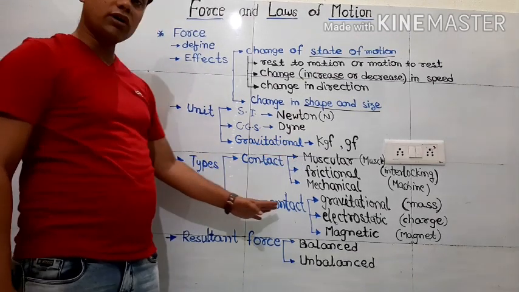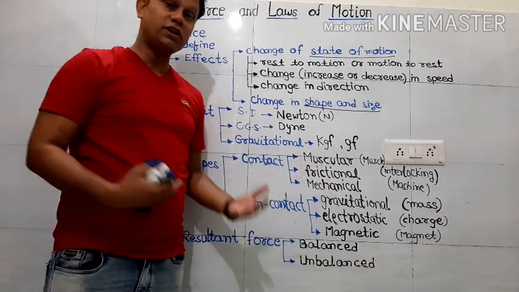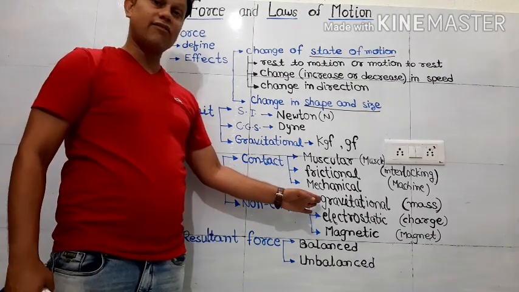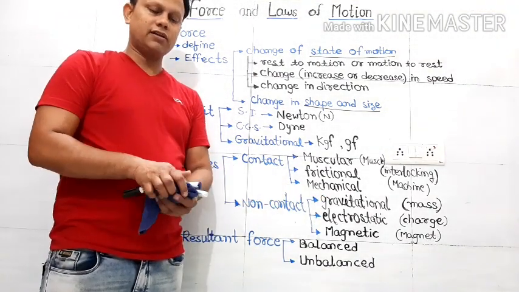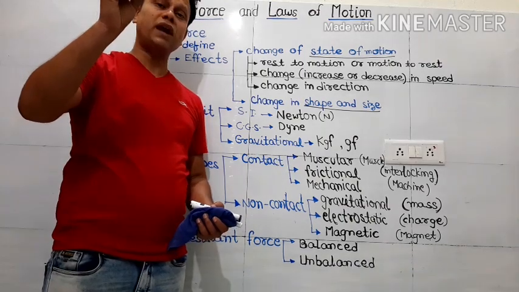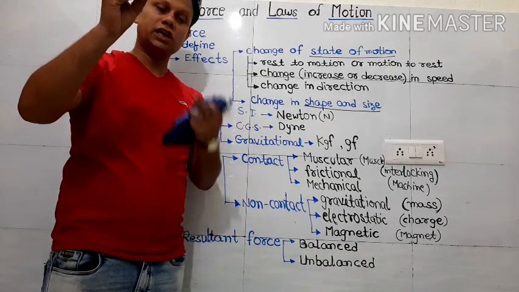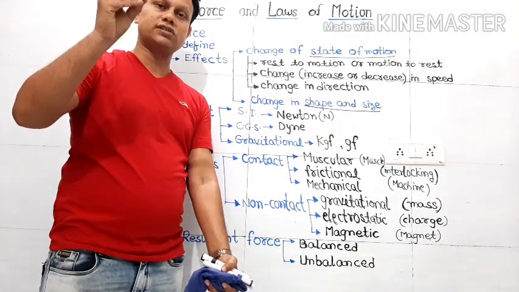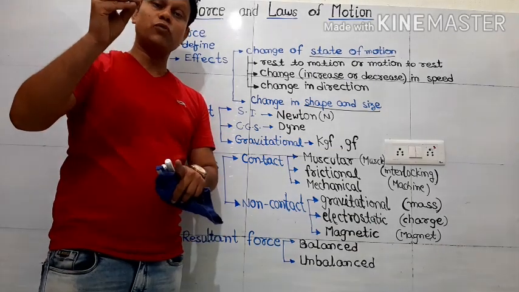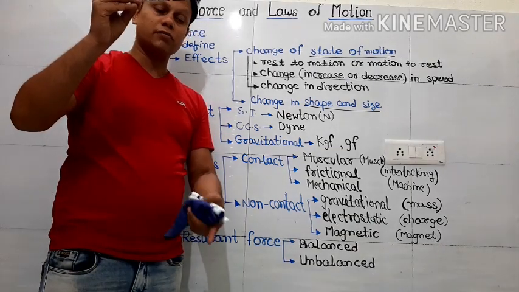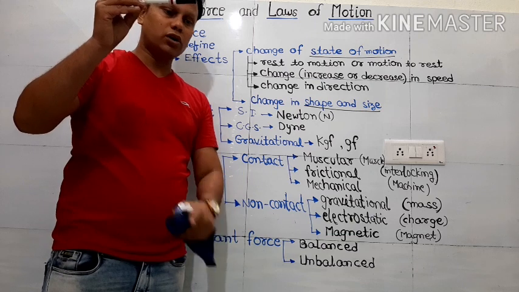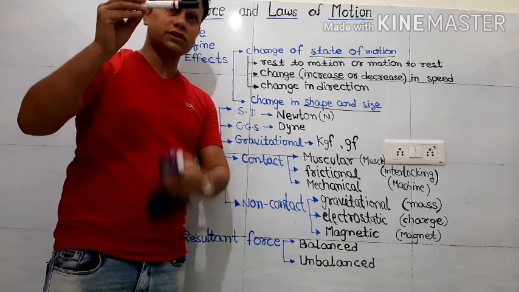And what about non-contact forces, which can be applied from a distance? That is gravitational pull. Like if I release this pen, what will happen to it? Obviously it is going to go downward towards the center. Now what is applying force on this pen? The earth. The pen is not in contact with the earth, it is in the air.